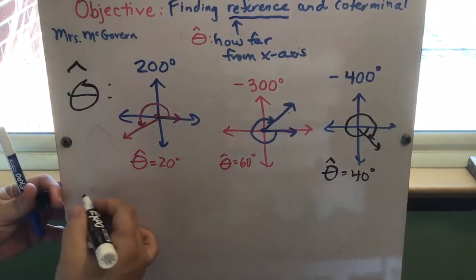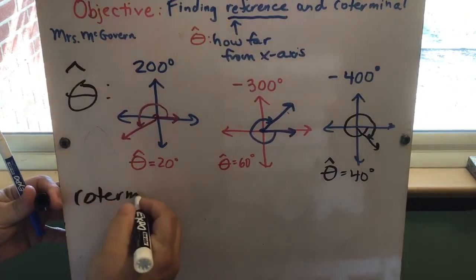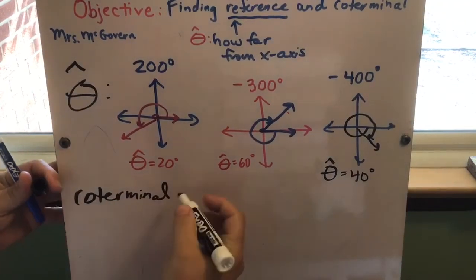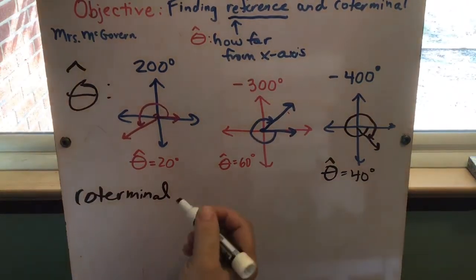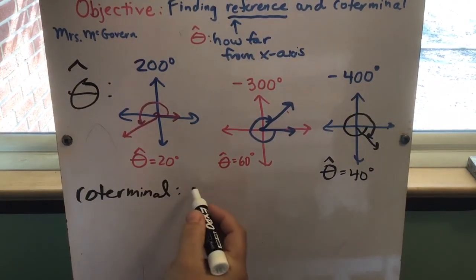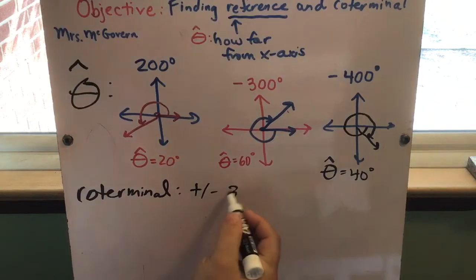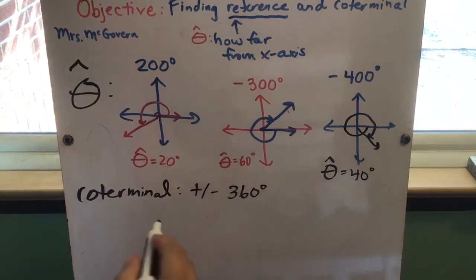Okay, now I want to talk about coterminal. Coterminal is an angle that starts and ends in the same exact spot. So basically, you are always going to just add or subtract 360 degrees to get a coterminal.